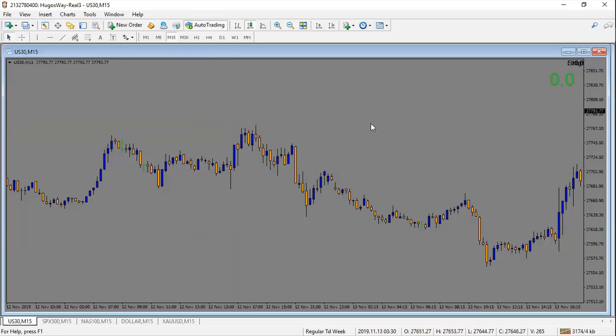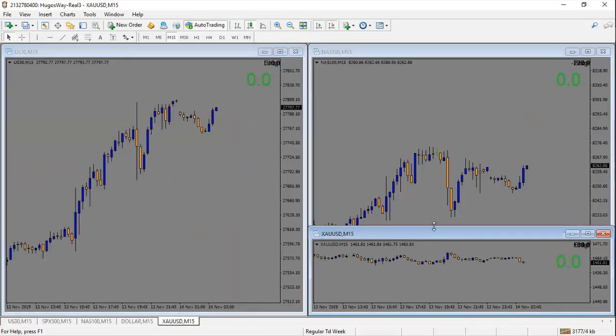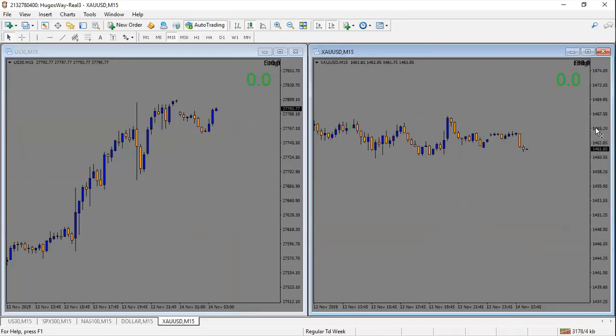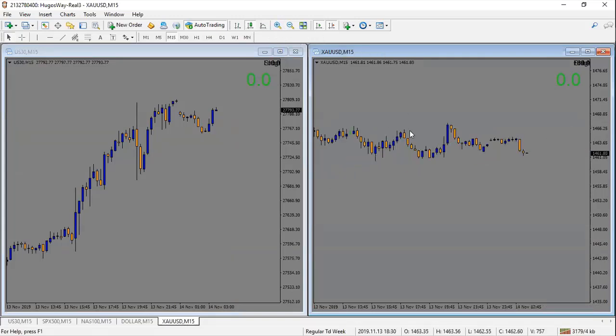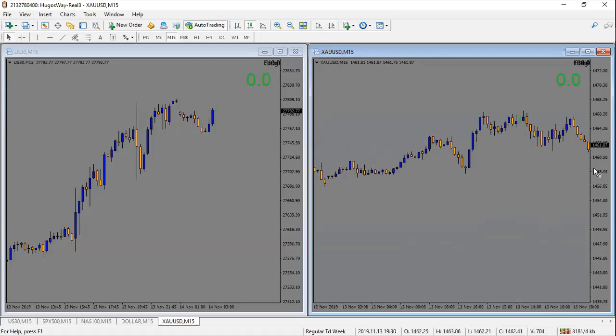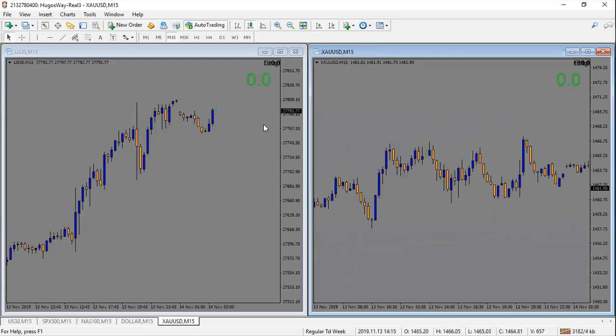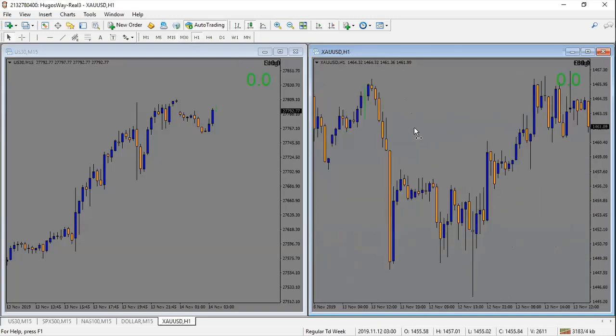All right. So, with that being said, here's something else I mentioned to notice. US30 and gold. Let's see if we can make this a little bit bigger and find the right time frame. 1 hour.